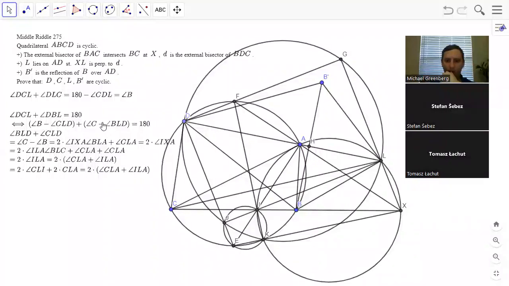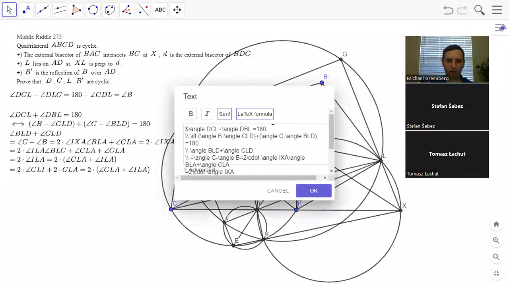In my picture the triangle is tilted to the left, but B is on the left side, and here it is to the right, but B is on the right side. That means everything I wrote is exactly the same. So for DBL, what should I write here? 180 minus C minus BLD. Okay.